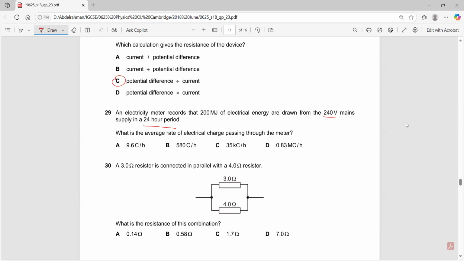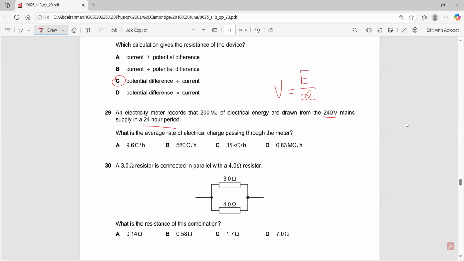If you have the energy and you have the voltage, you have several equations. One of them is the voltage is equal to the energy over the charge, right? So if you say energy, which is 200, divided by the voltage, giving you 0.83, 0.83 mega coulombs per hour.